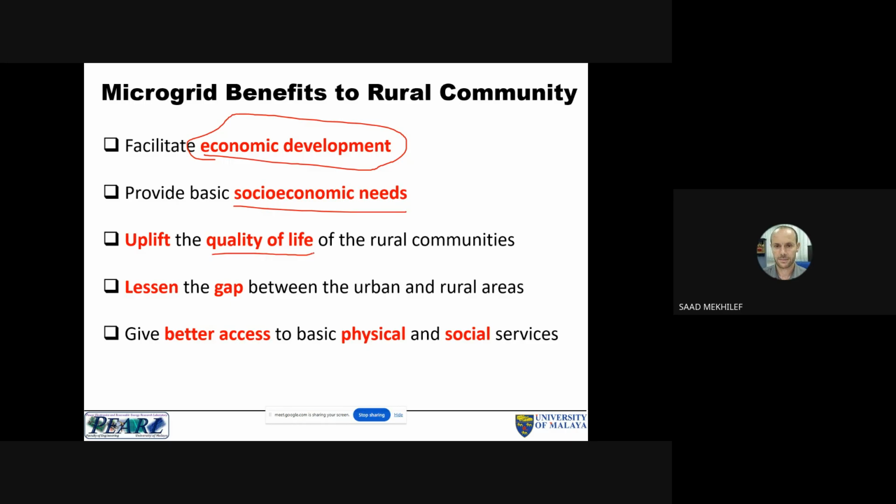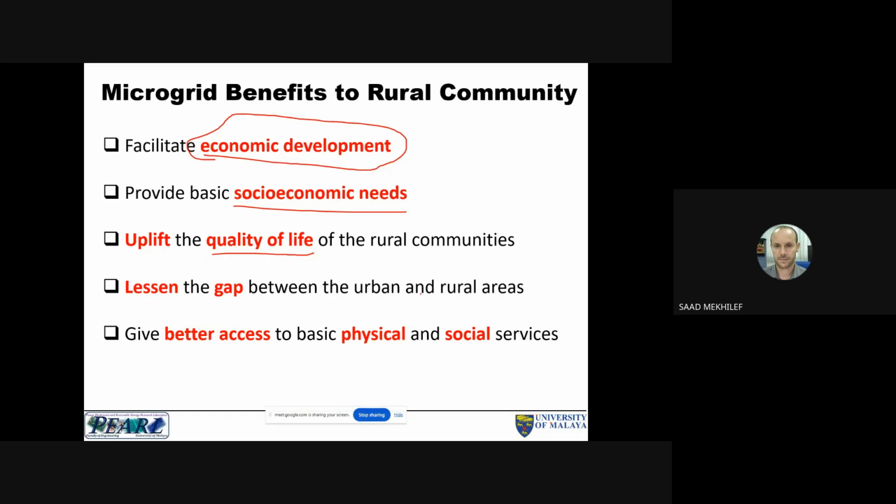Quality of life will be improved because access to electricity will give them access to communication and internet services, where the kids can study longer, and hospitals can keep medicines for a longer time. They have storage for medicines and clinics and so on.